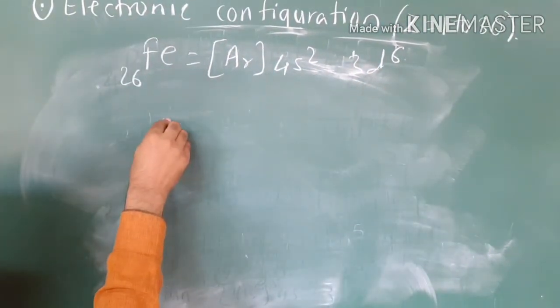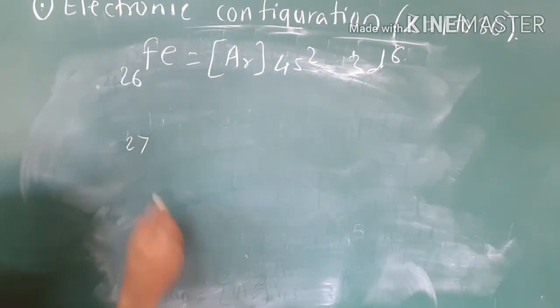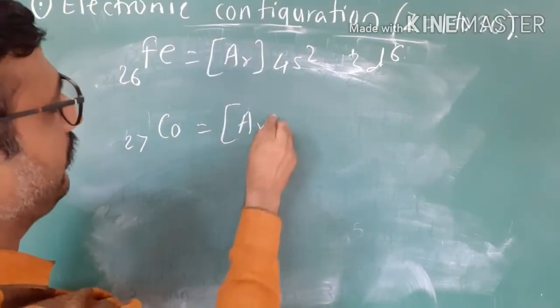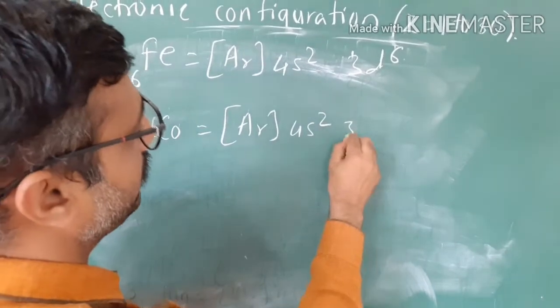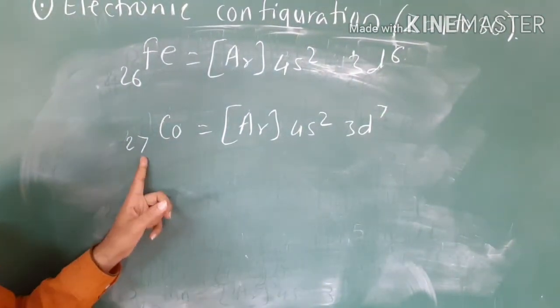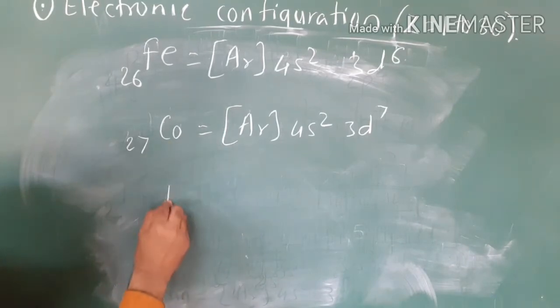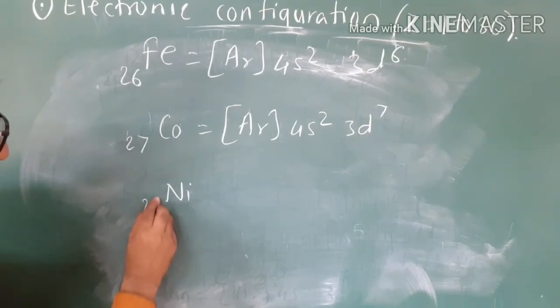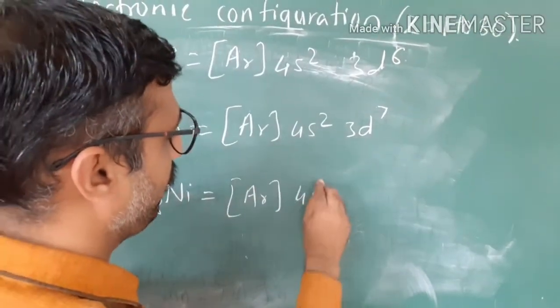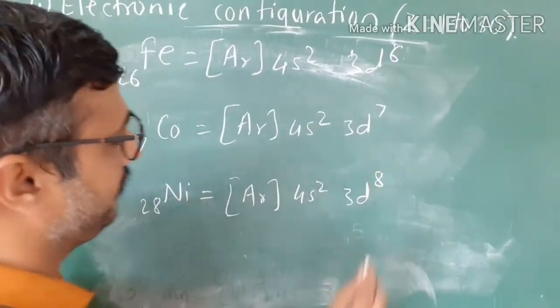After iron, atomic number 27 is cobalt. Cobalt is argon 4s2 3d7. Only one electron is added, isn't it? Now nickel, atomic number 28, and its electronic configuration is argon 4s2 3d8.